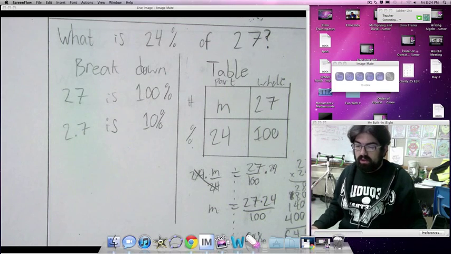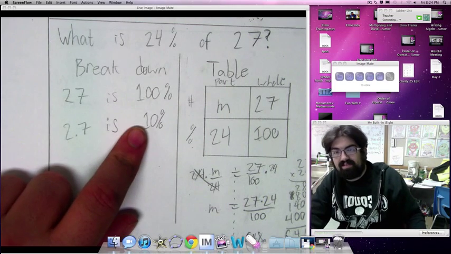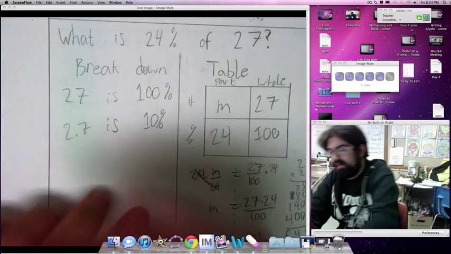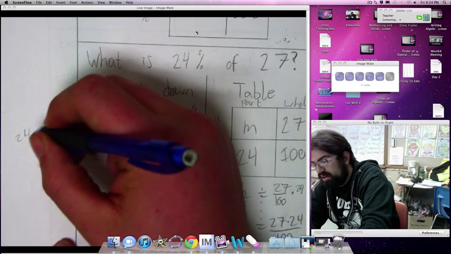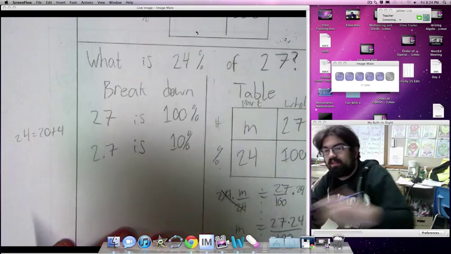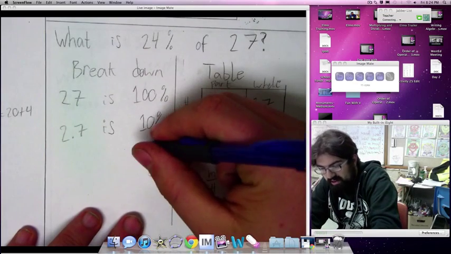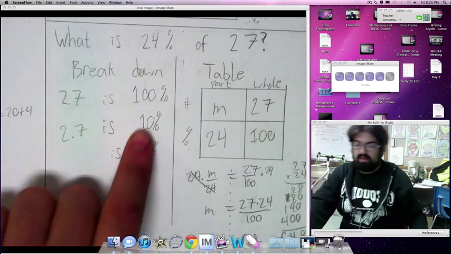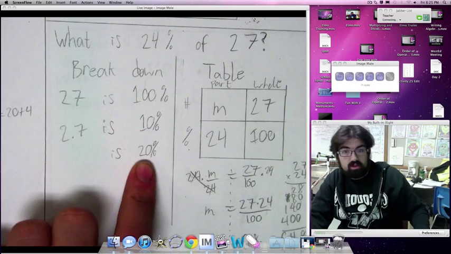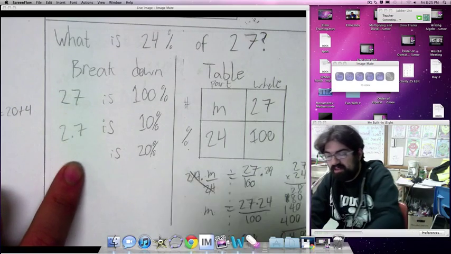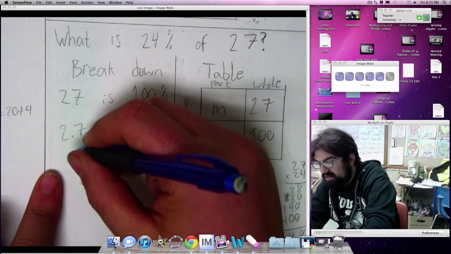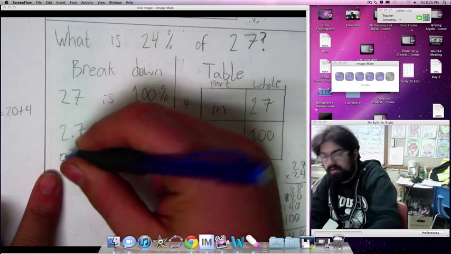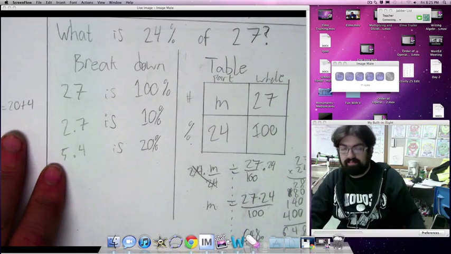Cool. If I know this is 10%, well, I know 24 is equal to 20 plus 4, don't I? So that's 10%. What's 20%? 10 times 2 is 20. 2.7 times 2 is 54, or 5.4.